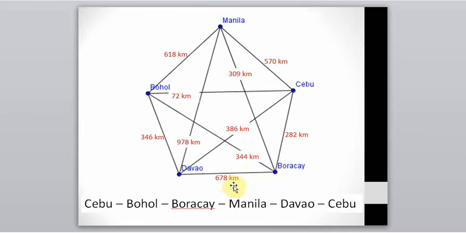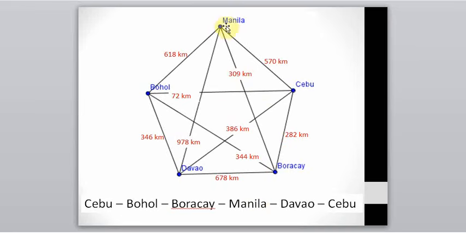Boracay to Davao, that's 678 kilometers. So we are to choose Davao or Manila. The shorter distance is Manila, which is 309 kilometers. So from Boracay, we will go to Manila. We are now on Manila.